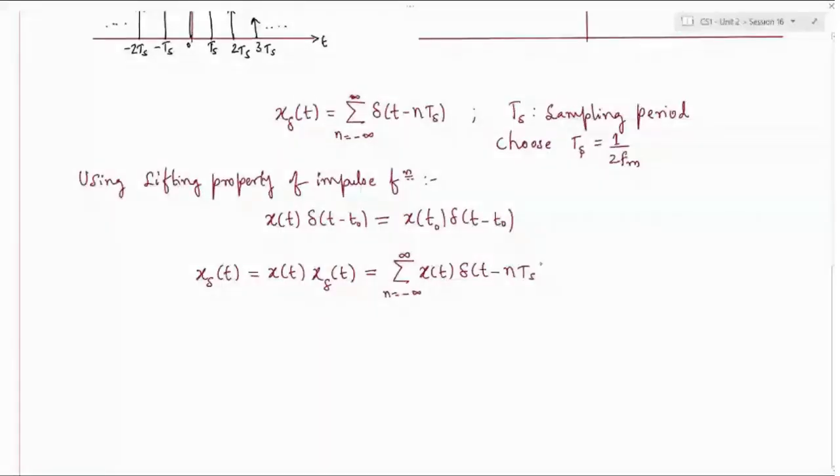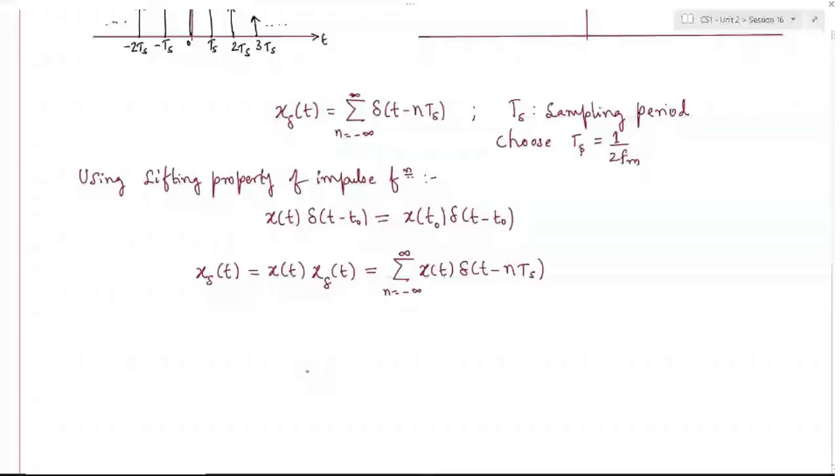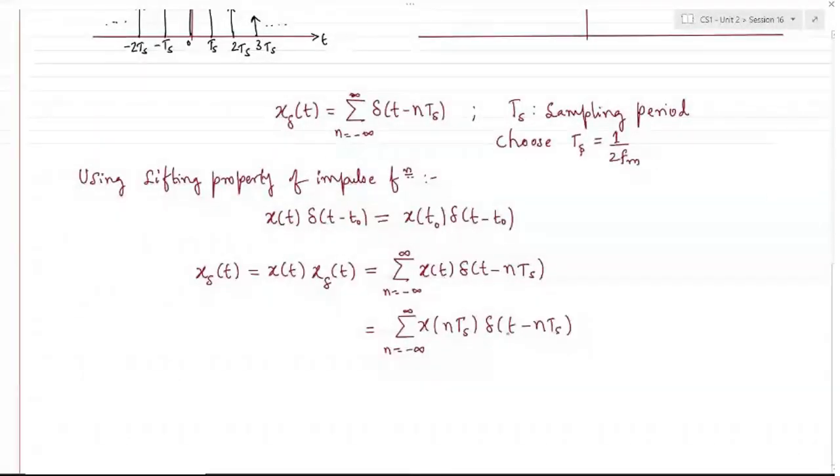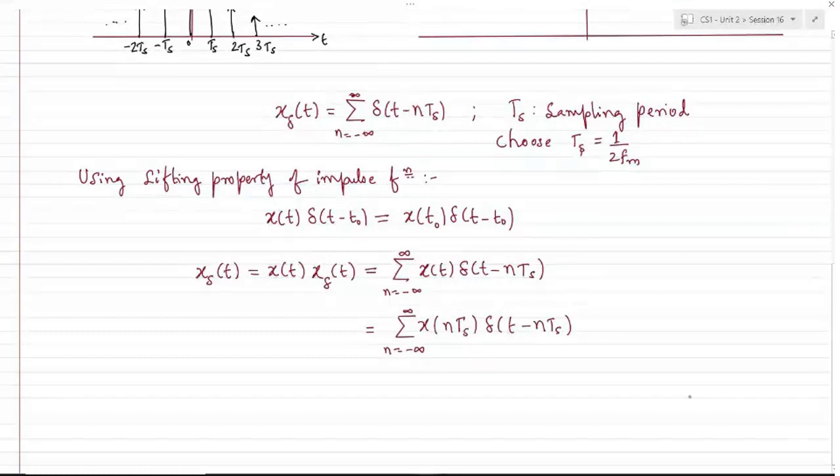Okay, which is equal to, from the shifting property which I have quoted earlier, x of nTs times delta of t minus nTs. Okay, this is very evident from the shifting property itself.